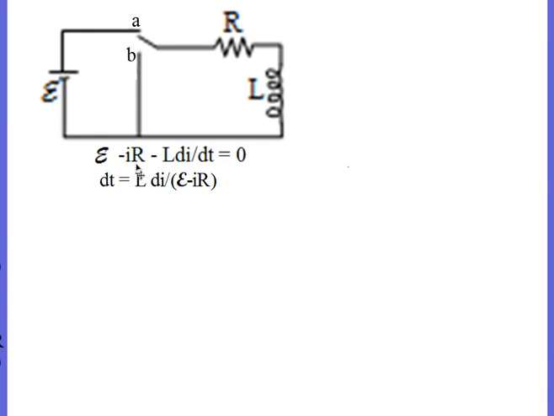Now what do? Yeah, I move this over to the other side of the equality, and then I'll divide through by this term. There it is, and then I'll multiply by dt. So it does become this expression.